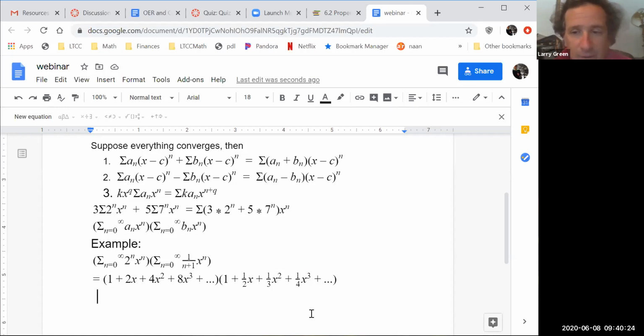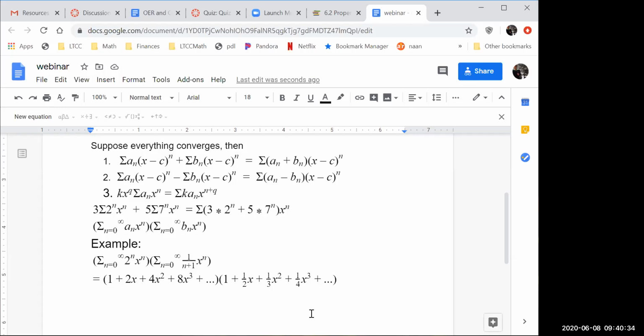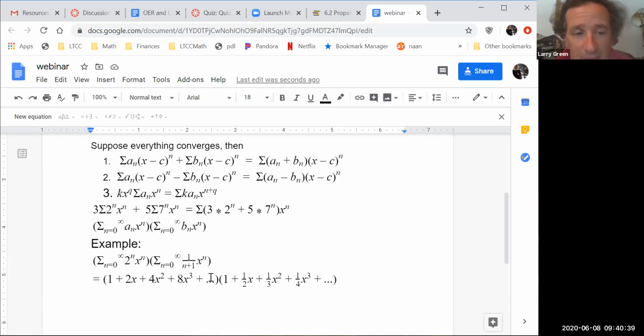This isn't supposed to be hard. If you multiply this out, what are you going to get for the thing that doesn't have any x's in it? The constant piece. 1. Yeah, it's just 1. Because all of the things with the x's in them will get you an x. The only way you're not going to get an x is to go 1 times 1. Remember, we're doing an infinite FOIL. So that's going to be 1.